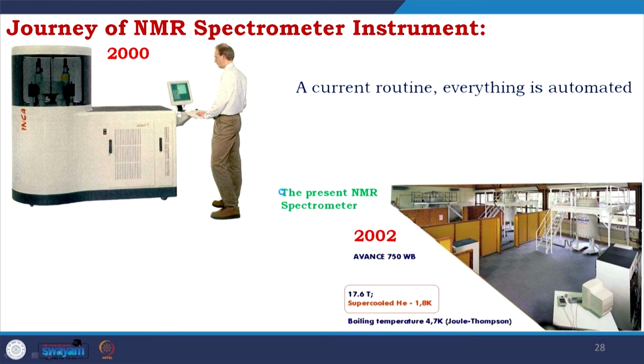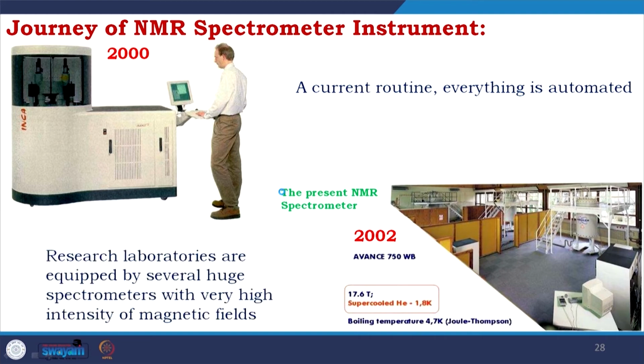So, you could do routine work, everything is automated, and in 2002 you see the present NMR spectrometer which is currently used. Research laboratories are equipped with several huge spectrometers with very high magnetic fields.